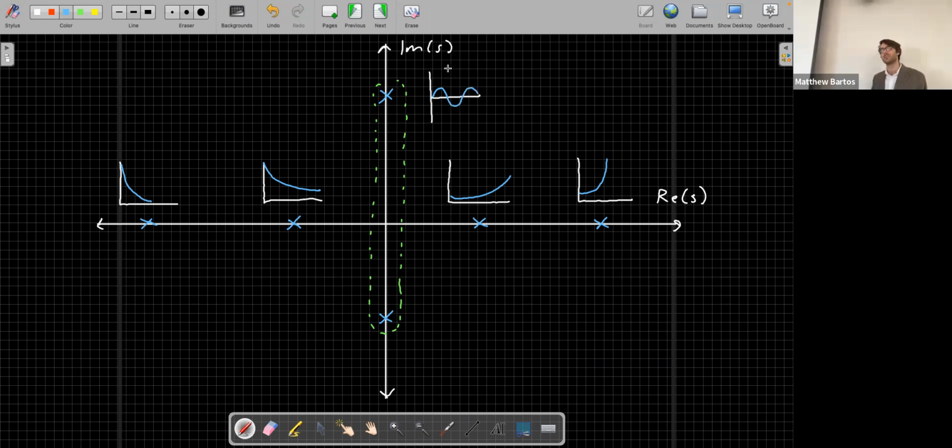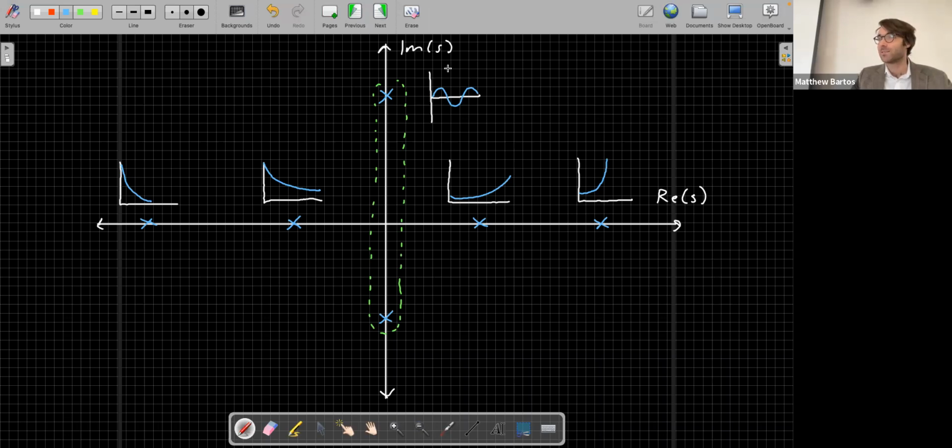Okay, here's an interesting question. Is this stable or unstable? Is it stable? So this is actually what we would call marginally stable.